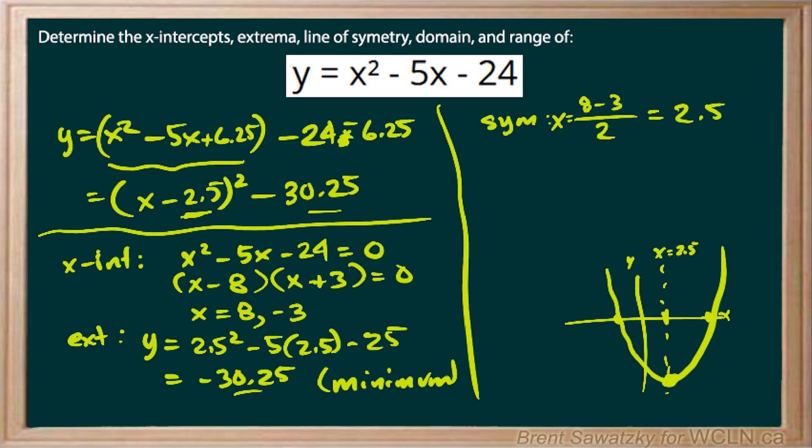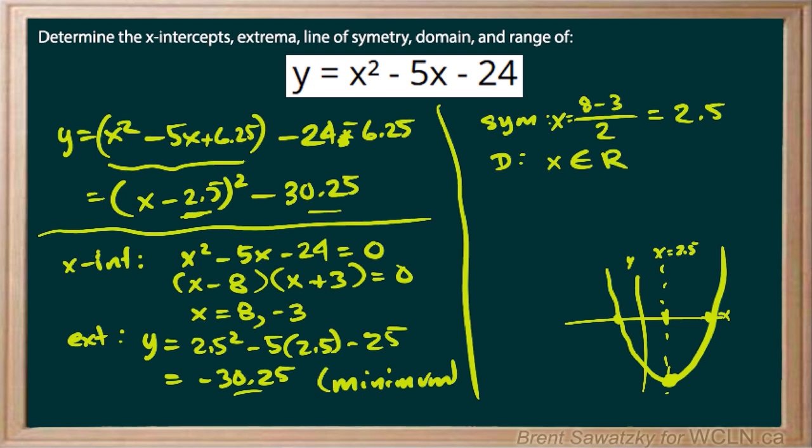Okay, so we've got our line of symmetry, we've got our extrema. Right, domain and range. So the domain, like regular parabolas worldwide, it goes forever to the left, it goes forever to the right. So we would just do the typical thing of x is part of the set of all real numbers.